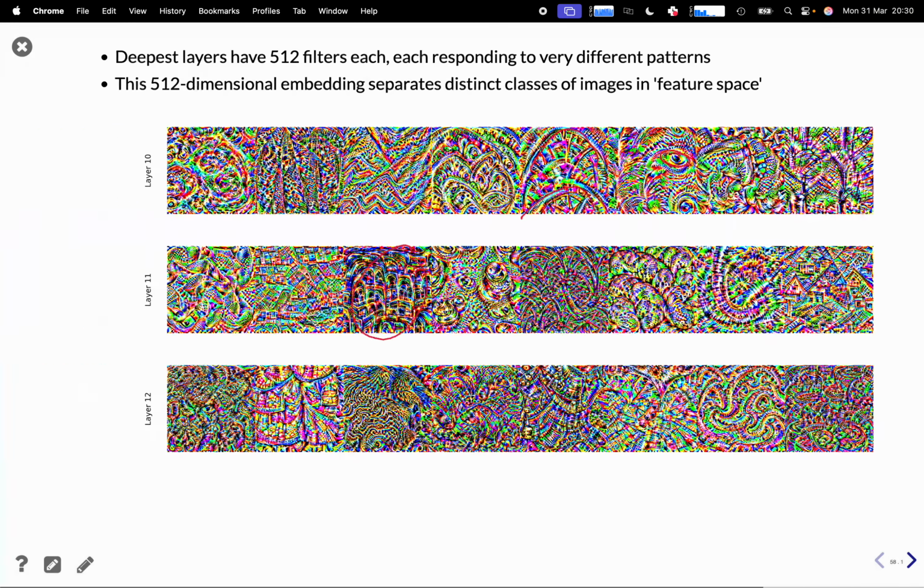Right. So, bottom line is that these patterns are clearly responding to very particular things in the input image. And by combining all of them, by the way, this layer here might have maybe 128 of these, each of them responding very particularly to very particular patterns in the image. By doing that, it becomes very easy for the last layers to map those to a particular output class.